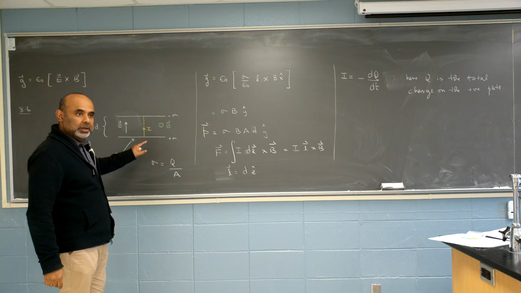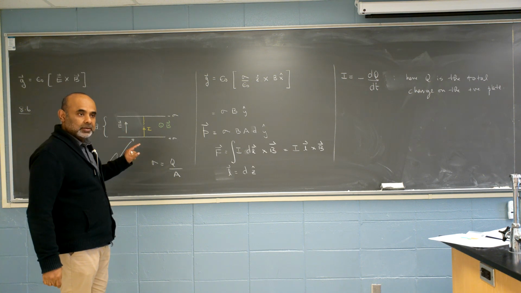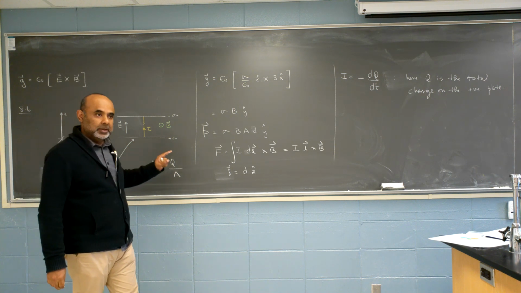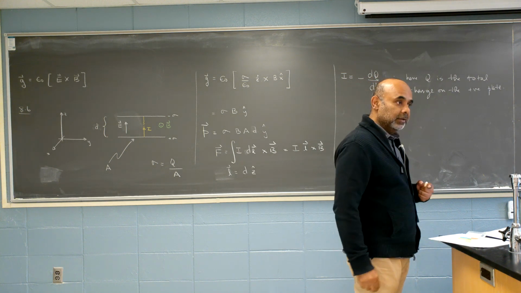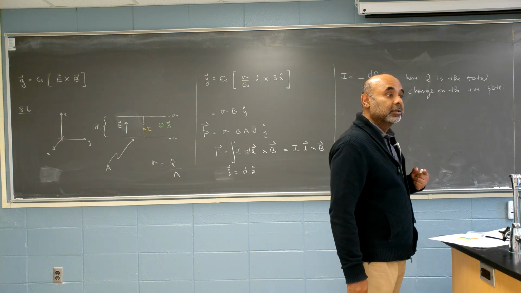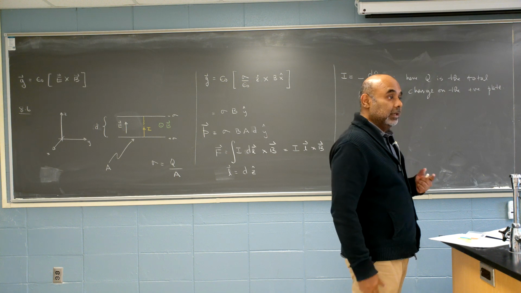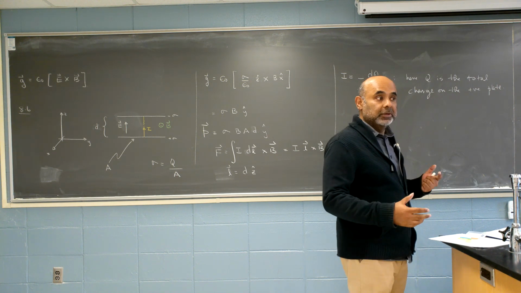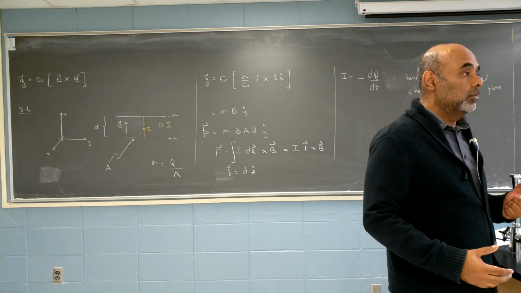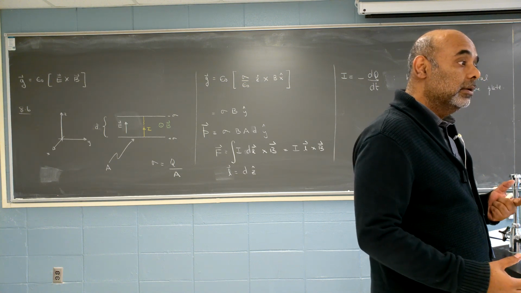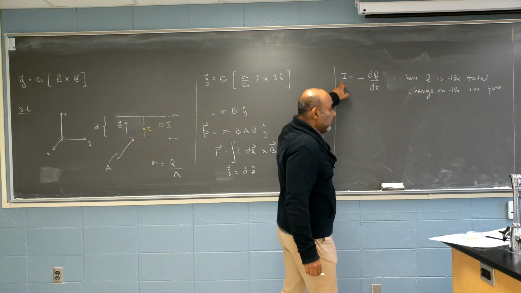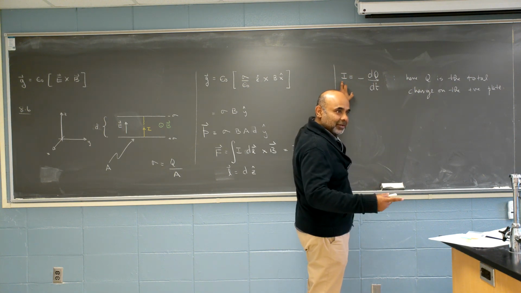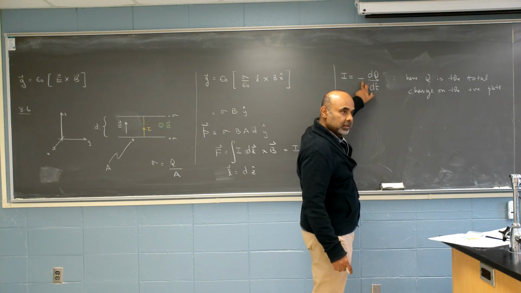What's happening to Q? Is it increasing or decreasing? On the plate. Decreasing. So it's a decreasing function. So what is dQ/dt, plus or minus? If you take the derivative of a decreasing function, it is going to be a negative number. The slope is downward. The current is a positive number. It's the magnitude of that, right? So you stick this in.